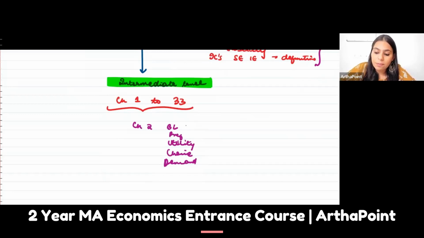When I talk about budget line, it will be talking about right from what is a budget line to what is a food stamp program to different concepts of budget line.